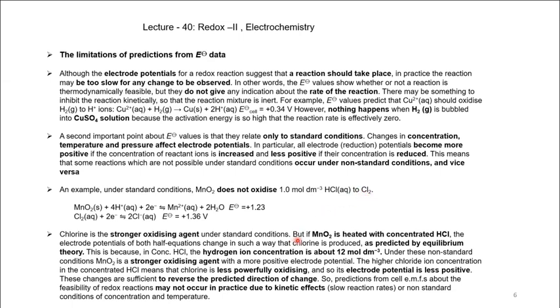We have to increase the hydrogen ion concentration, and therefore we will see that 12 molar hydrochloric acid is needed to show that manganese dioxide is a stronger oxidizing agent than chlorine. So these are the things we have to remember. We have to consider slow reaction rates, and non-standard conditions with the help of concentration and temperature. We have to remember that also.